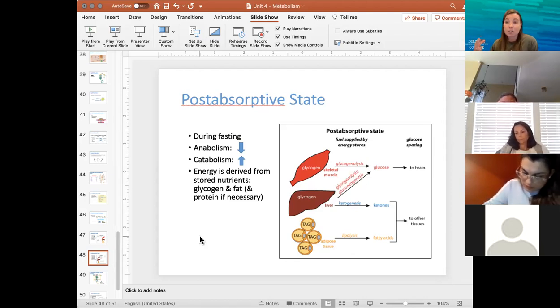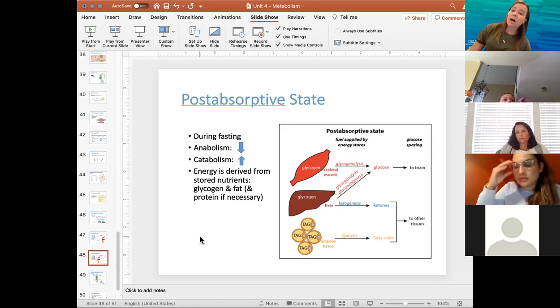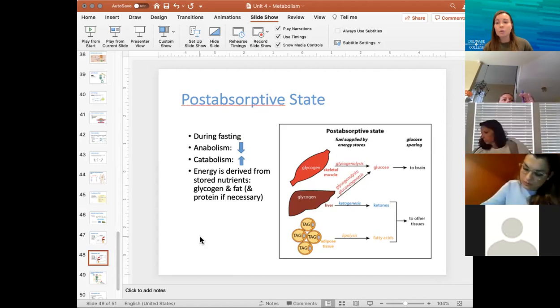Instead, what's happening is you're breaking down your stored glycogen to get energy. So glycogenolysis is happening. You might even need to be performing gluconeogenesis. So that's likely happening too. Because if you run out of your stored glucose, you're going to have to make glucose from another source. So that's probably going to happen too.